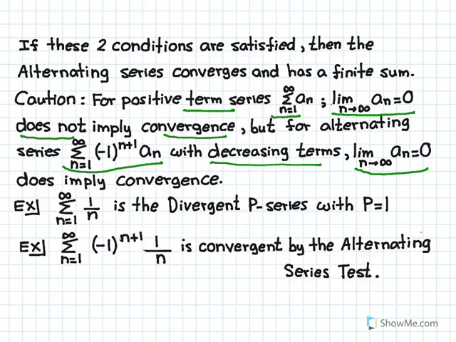Let's look at an example of this. If you look at summation n equals 1 to infinity 1 over n, this is a divergent p-series. But notice that the limit as n goes to infinity of 1 over n is equal to 0, but still it diverges. Now, if we tweak it a little bit and put an alternating sign in front of it, negative 1 to the power of n plus 1, this is actually going to be convergent by the alternating series test, and we're going to prove that.